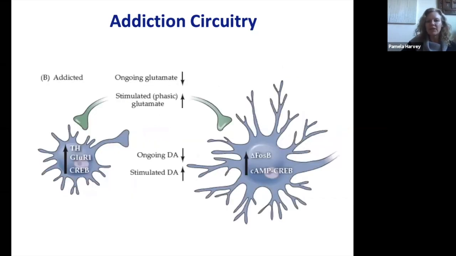Now, when the circuit is addicted, what happens is there are changes in gene expression. If we look at the glutamatergic synapses here, these are the neurons that are releasing glutamate.